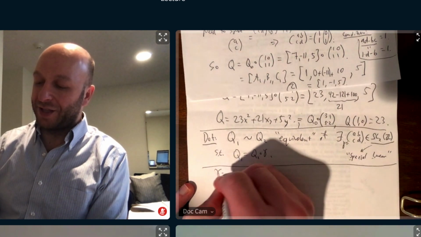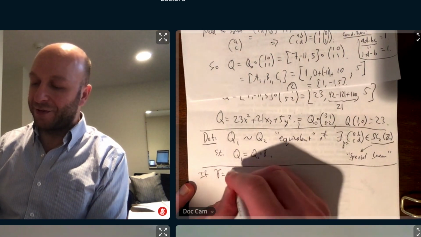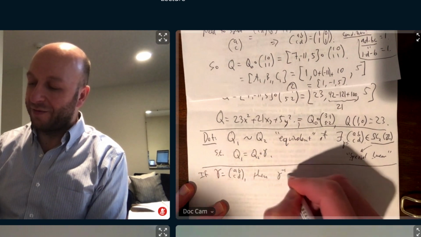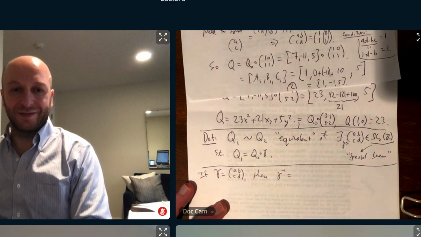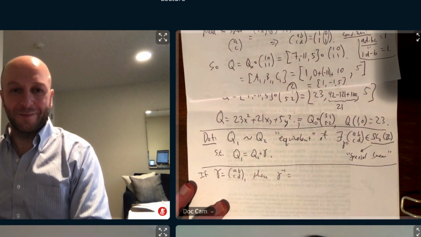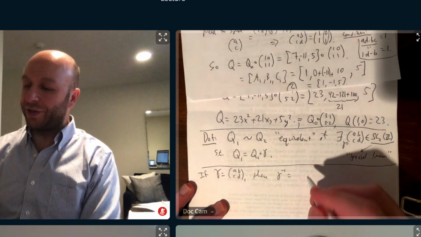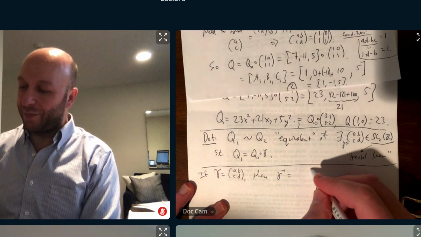If gamma is equal to ABCD, then gamma inverse is, Kevin, you were going to say something? Or Stephanie? There's definitely a 1 over determinant, but it's not just gamma.